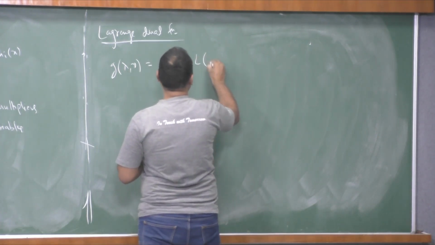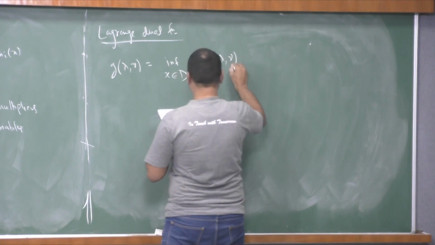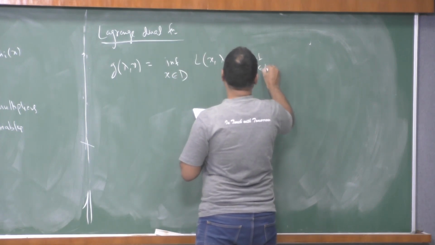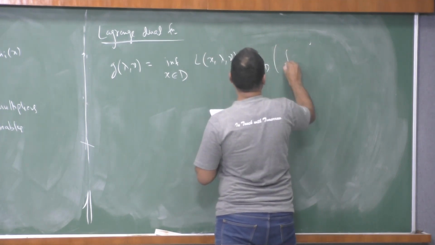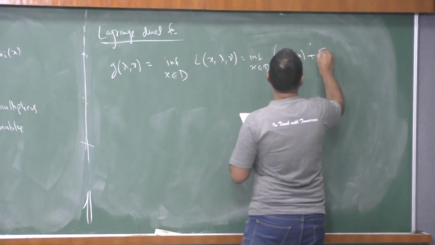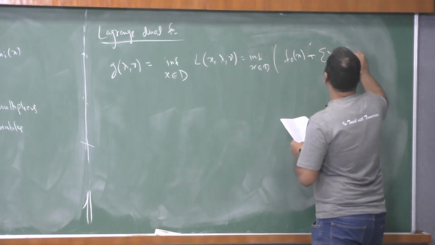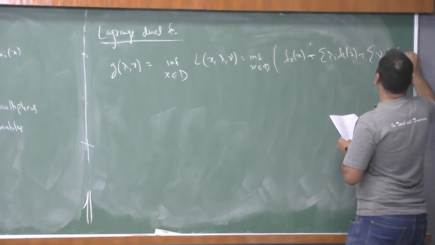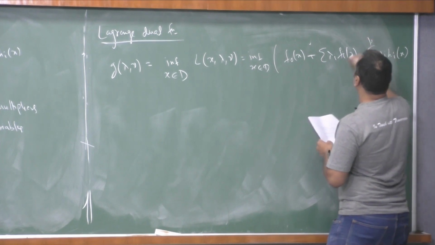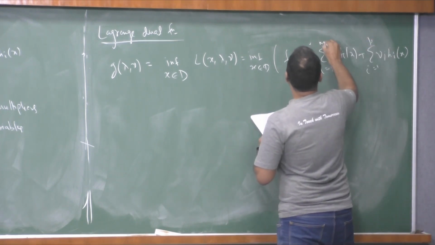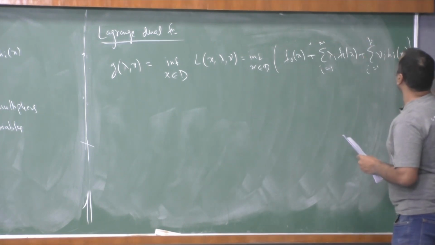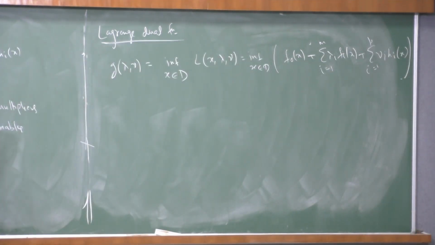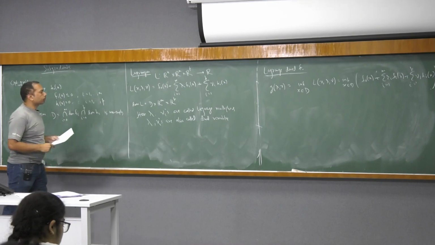So we take L of x, lambda, nu, which is the infimum over x in D of f naught x plus lambda i f i x plus nu i h i x. Okay, so we define a new function, the Lagrange dual, which is the infimum of the Lagrangian.